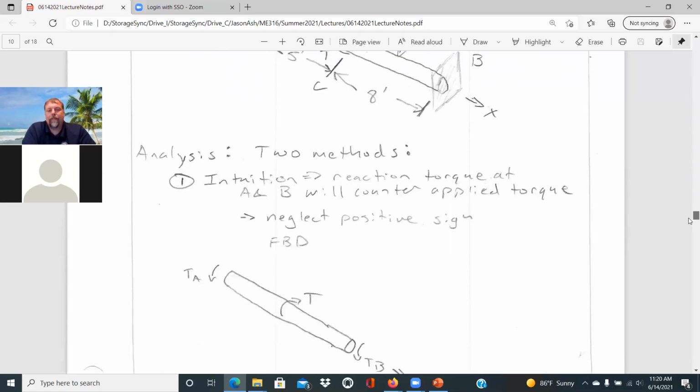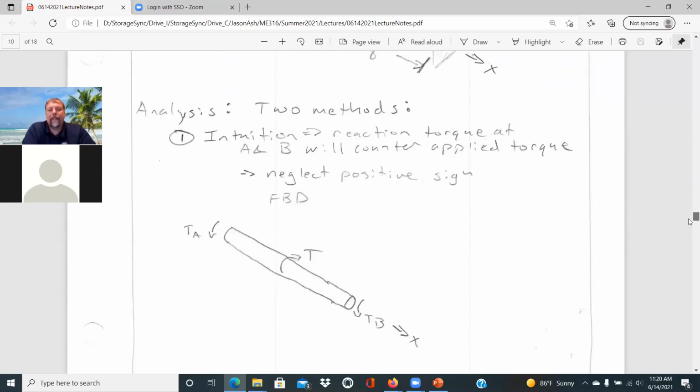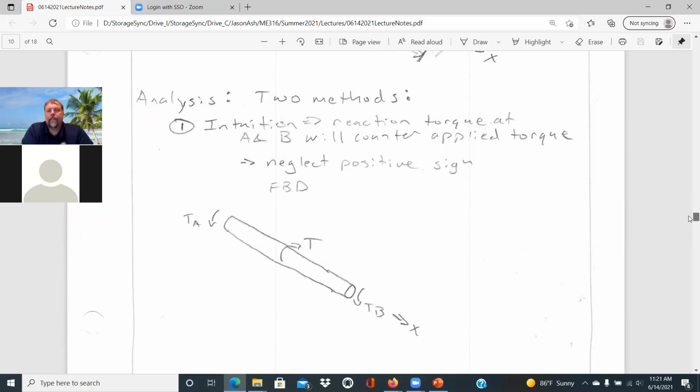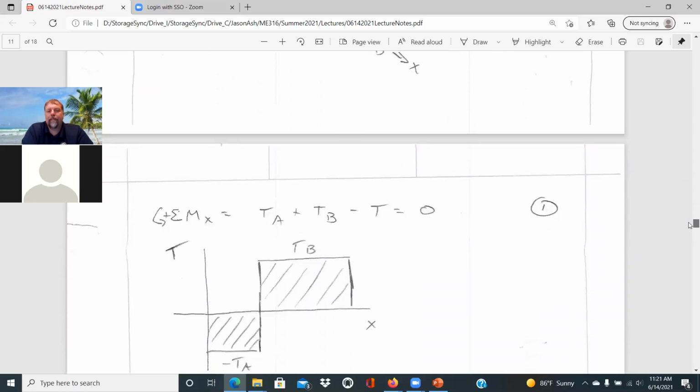And so if we draw the free body diagram in that manner, where both of those torques at A and B are opposing the torque that's applied, we're going to be able to neglect the signs associated with that in our analysis, and just look at those in terms of magnitudes.